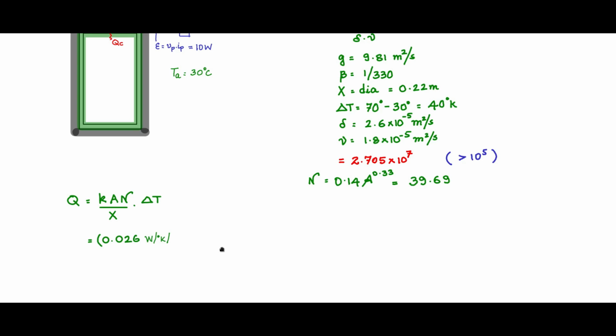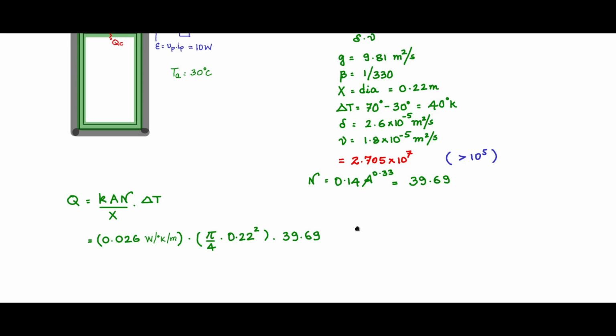If we substitute these values, thermal conductivity for air I mentioned is 0.026 watts per degree Kelvin per meter. Area of the circular plate is pi by 4 into d squared, which is 0.22 squared.